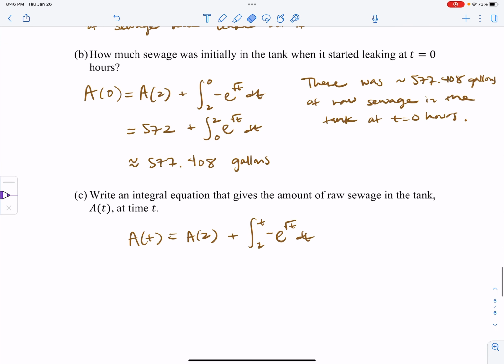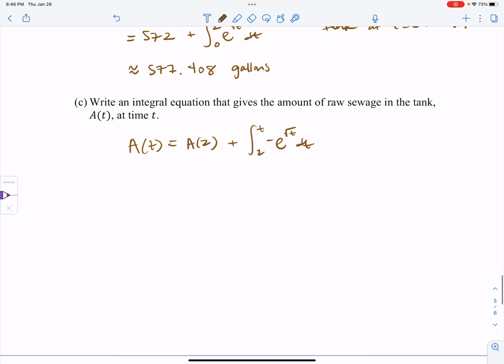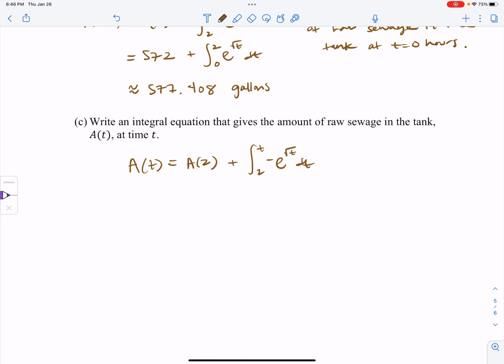I guess we should technically maybe change that to be an X, just so that those variables are different. I guess if you're replacing T, I guess that's okay. It's just that we're not plugging whatever T is in right away.